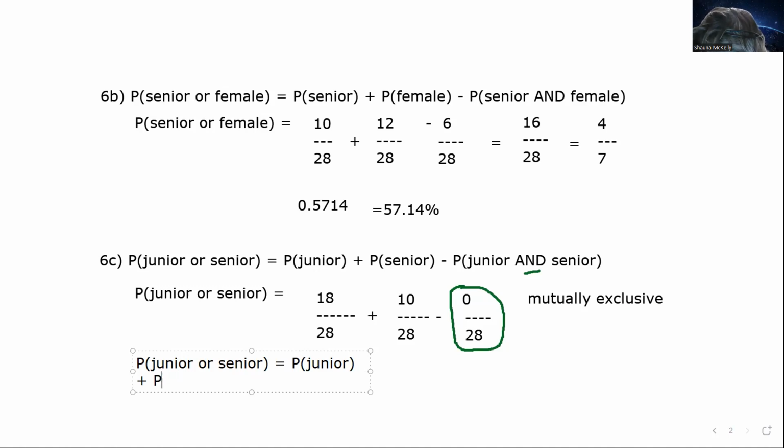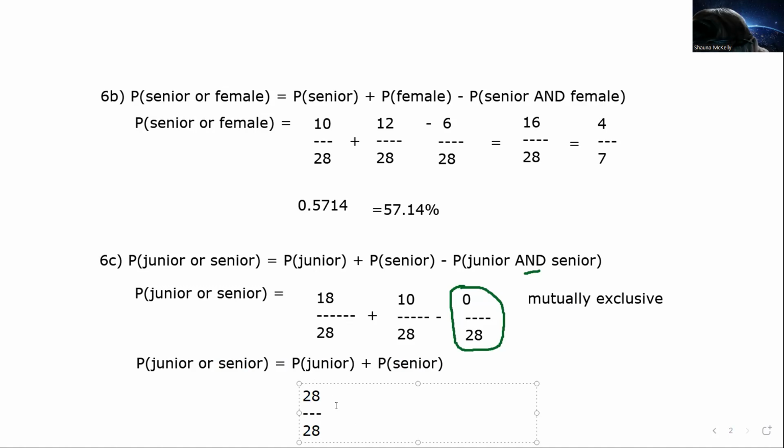Okay. Because they're mutually exclusive events. Now, in that case, obviously, in this particular scenario, you have to be in either group. So in this case, that's equal to, if you look up top, 18 plus 10 is 28. So you'd have 28 over 28, and that would equal 1.